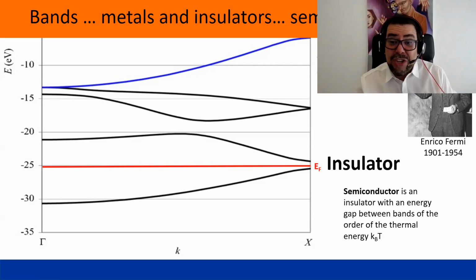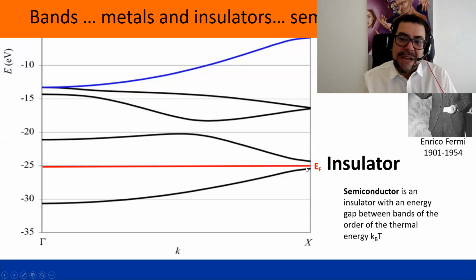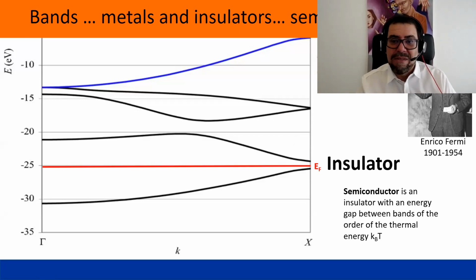Semiconductors are essentially insulators that have a gap of the order of the thermal energy. So just by heating up the material, you can excite the electrons across this gap. So a semiconductor is just a special case of an insulator. But nevertheless, strictly speaking, these are all insulators.